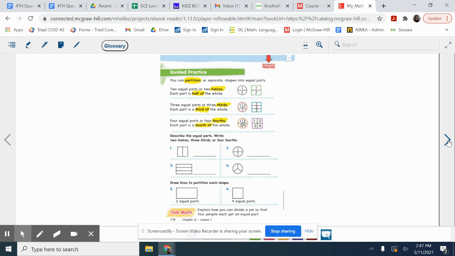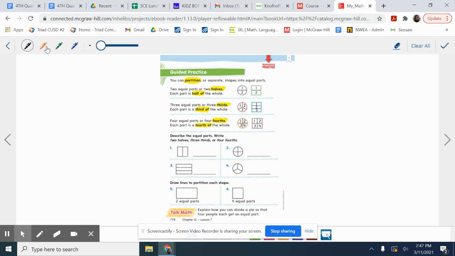Now, when it is a whole, so that means when the whole thing is there, we can write it a couple ways. Okay, so this first one, you can write it 1, or I'm sorry, 2/2.